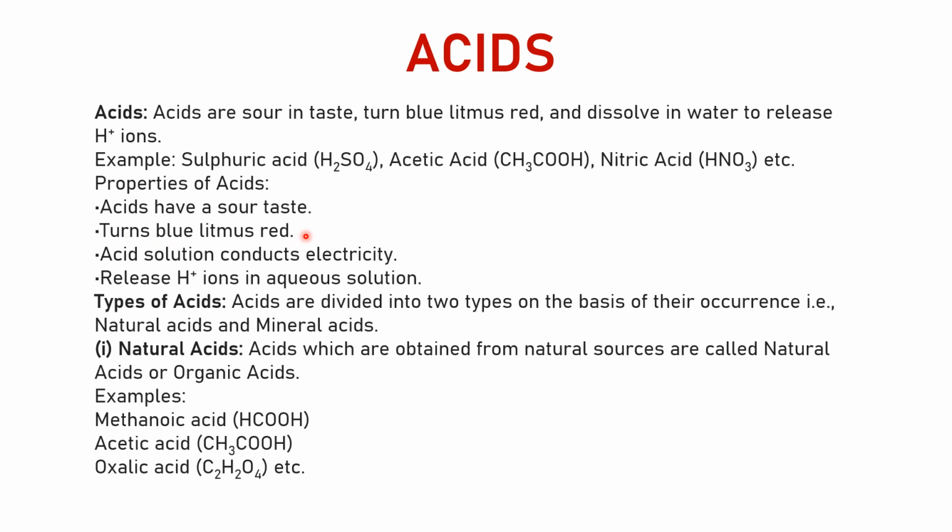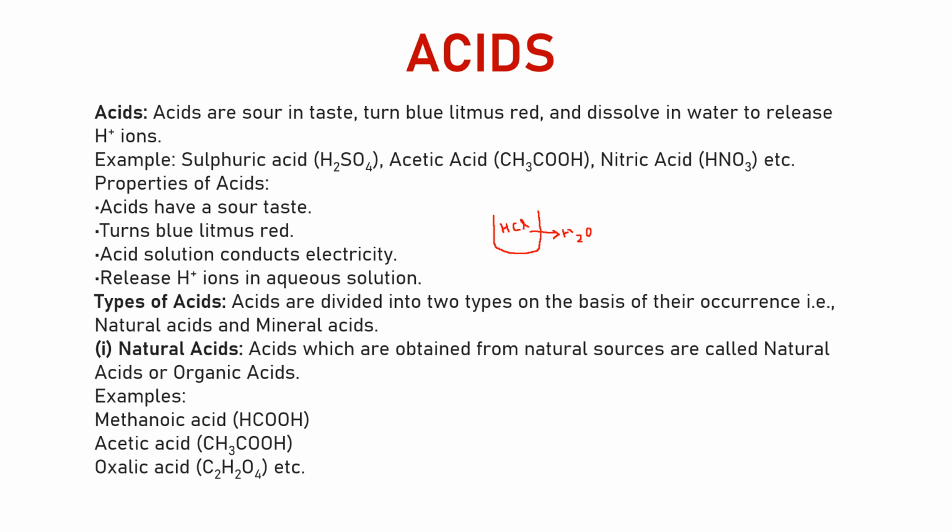Yes, we did. Acid solution conducts electricity. It means, suppose you take a beaker and put water in it, water as a solvent, H2O. Then put some HCl or any acid. Let's take HCl because HCl is a strong acid.